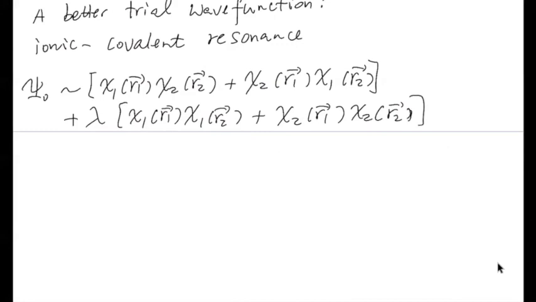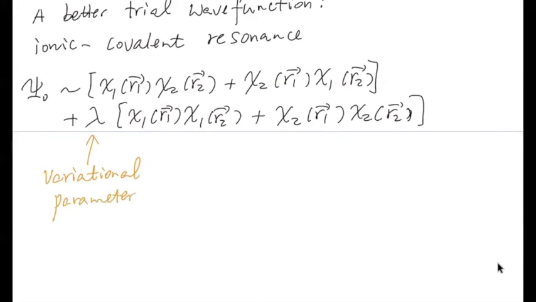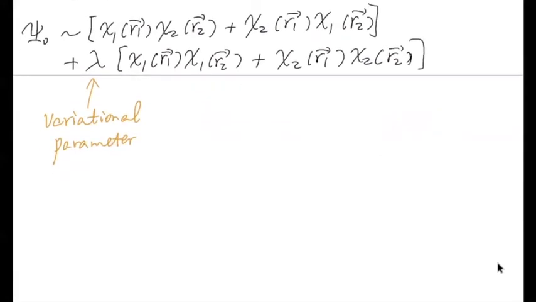So here lambda is a variational parameter. You should do the whole calculation with this variational parameter and minimize this lambda, right? You should minimize the system energy with respect to this lambda.